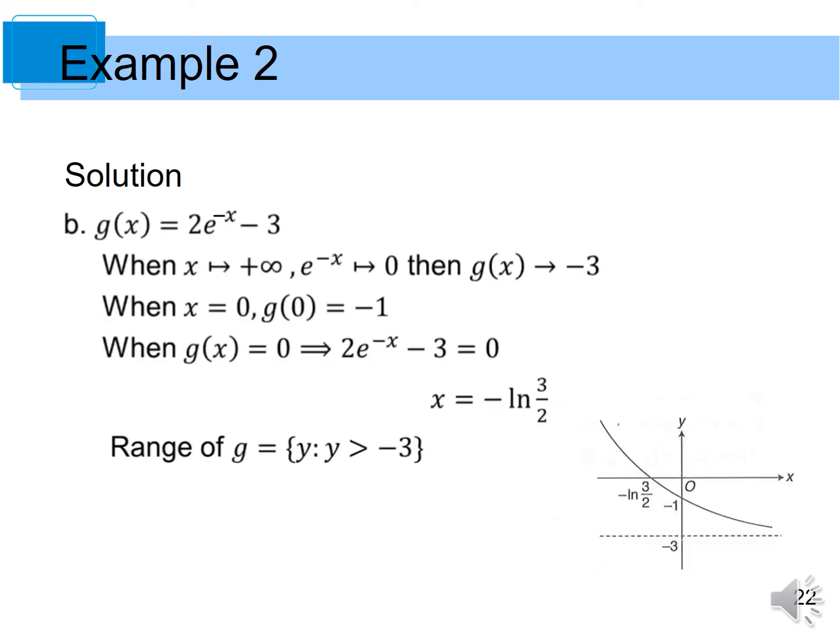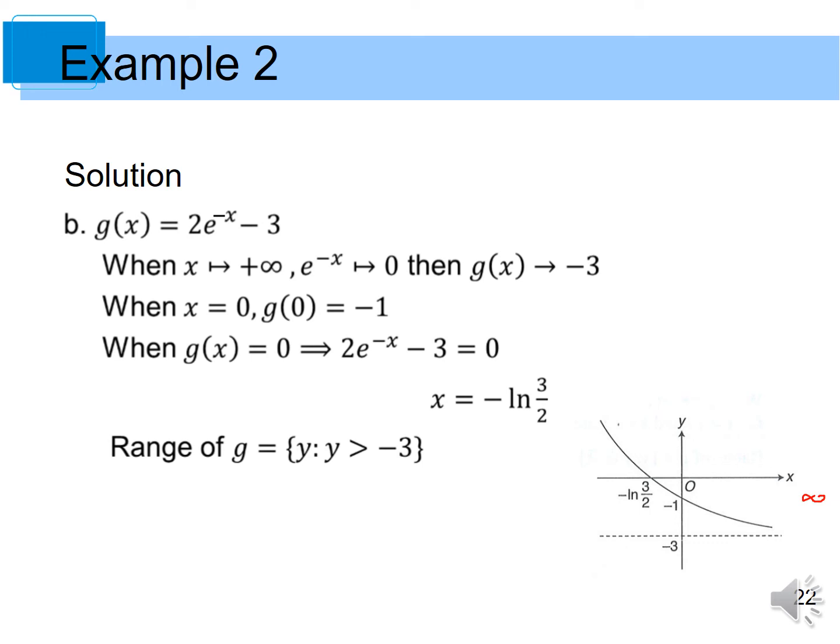For second function, we have 2 exponent to the negative x minus 3. When x tends to positive infinity, you can use the method I show you in A part to study the both sides. Look at this one, when x tends to positive infinity, so meaning that study this direction.